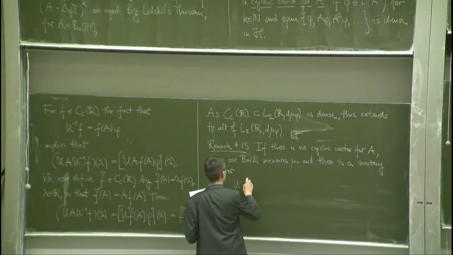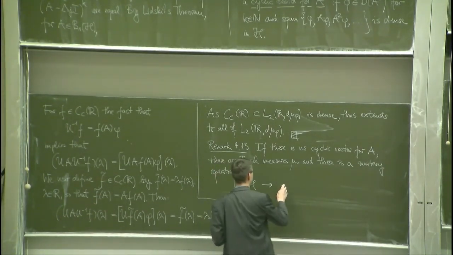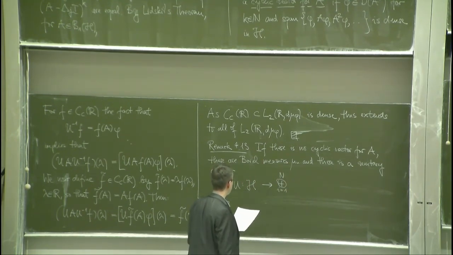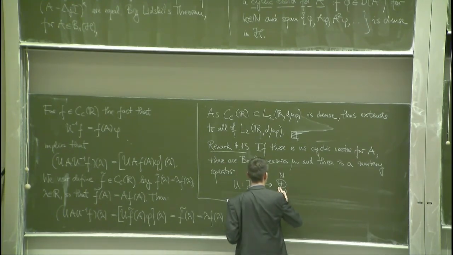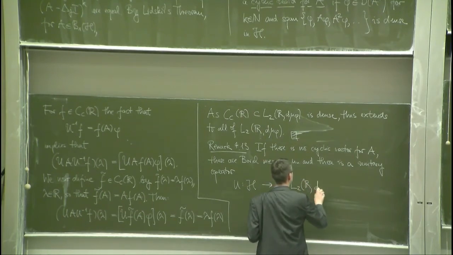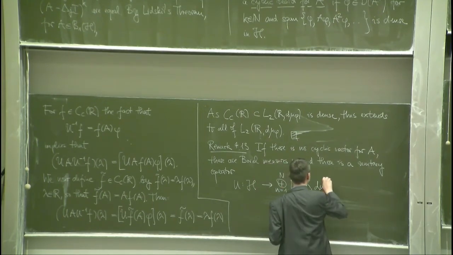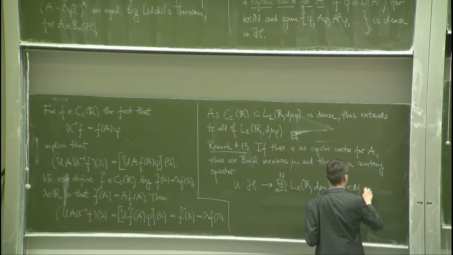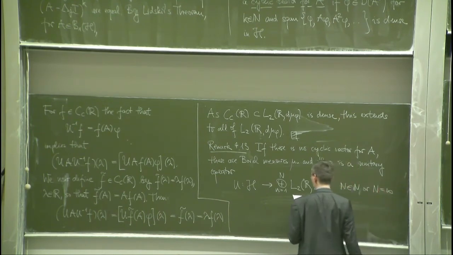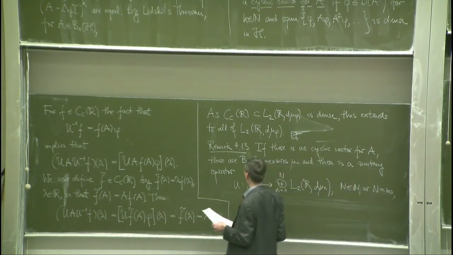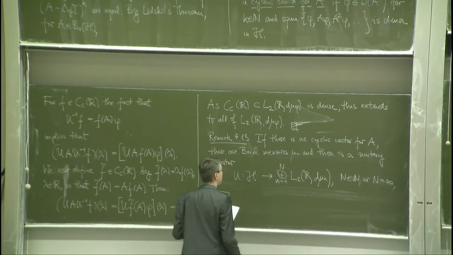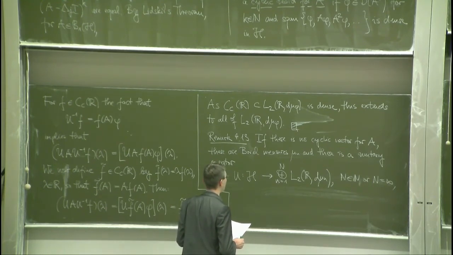U is defined on the space and maps to the direct sum, n running from 1 to capital N, of the L2 spaces L2(R, d mu_n), where N is a natural number or N can be infinity, that provides a spectral representation of the operator A.